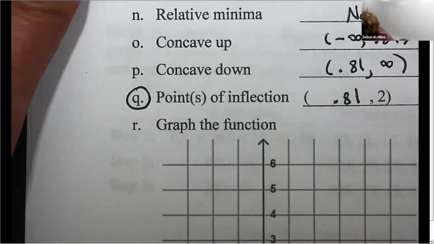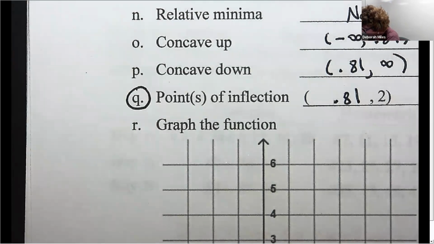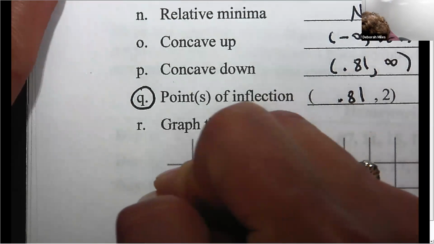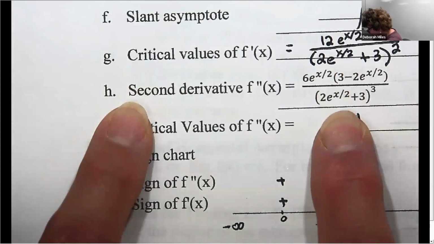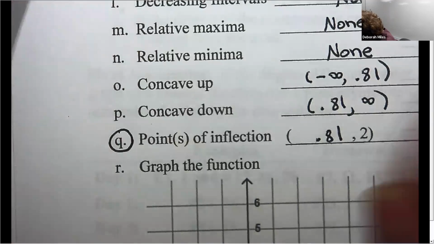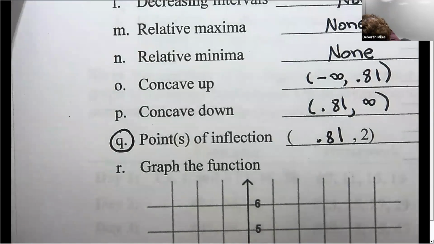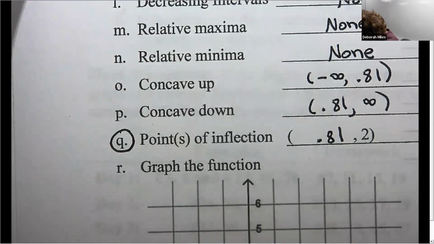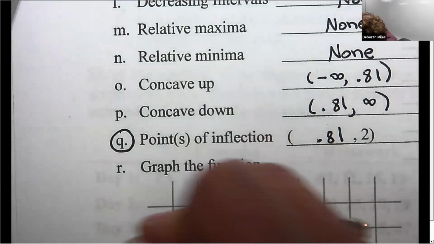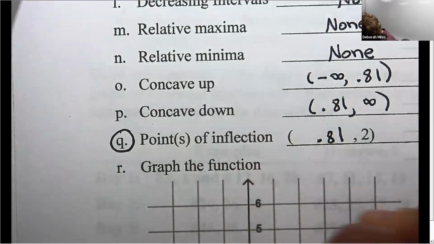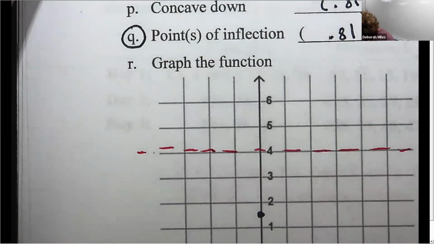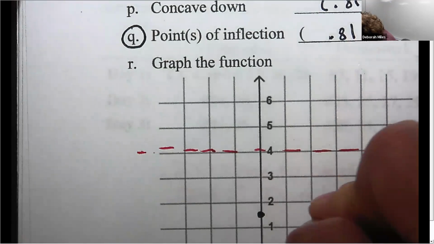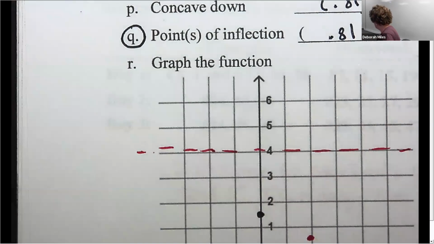My horizontal asymptotes are 0 and 4. I messed up my numbering right there. I'll fix it, or next fall. 0 and 4 are my horizontal asymptotes. And 0.81 is my point of inflection.